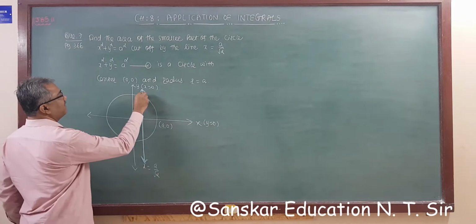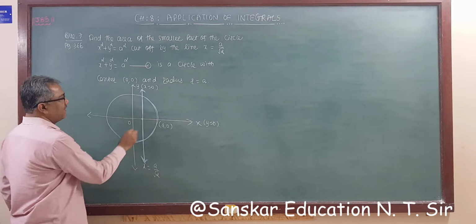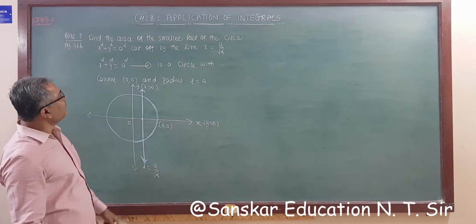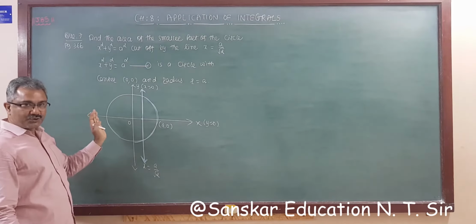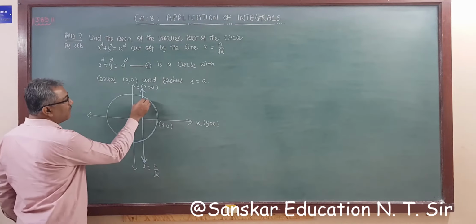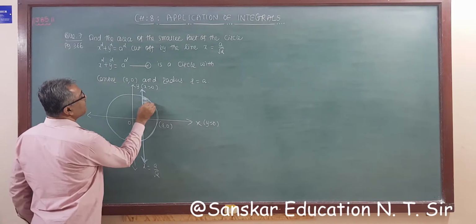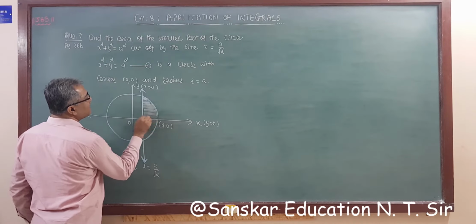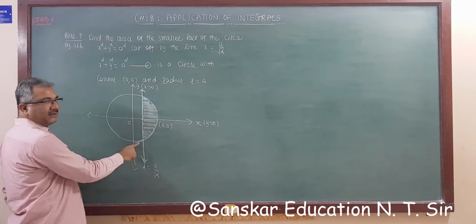This is the circle, right? These two are given, and the axis is not given. So you have either this area, see, either this is the area enclosed by the line and circle.